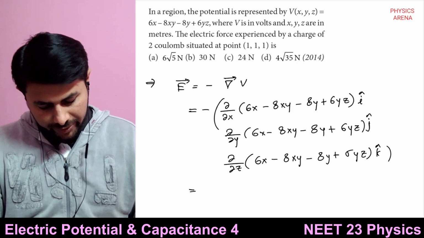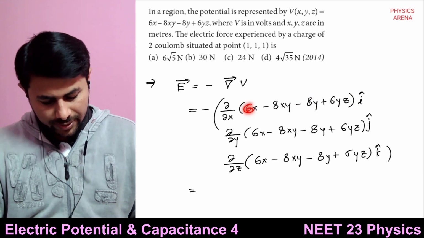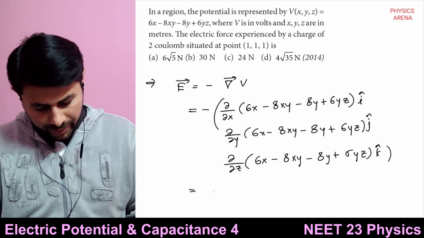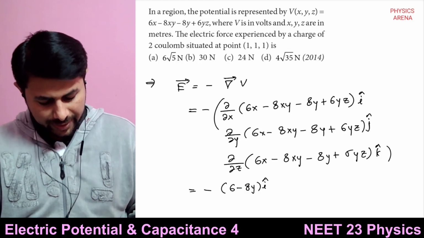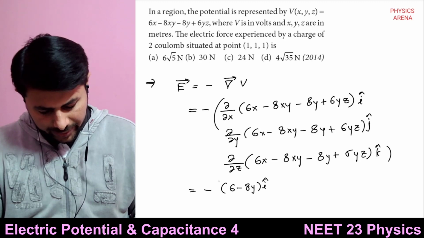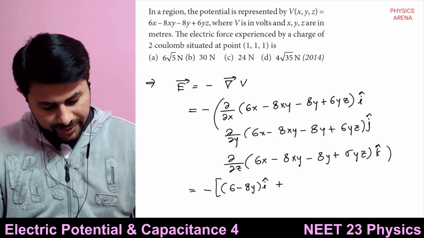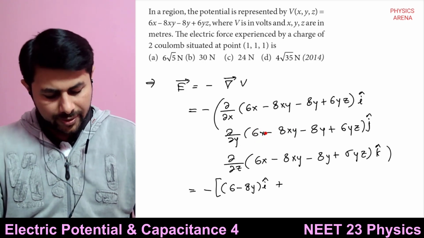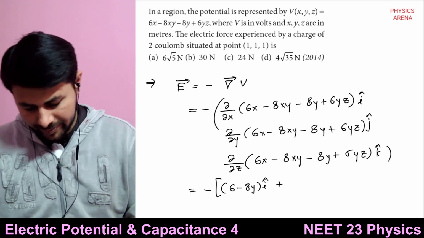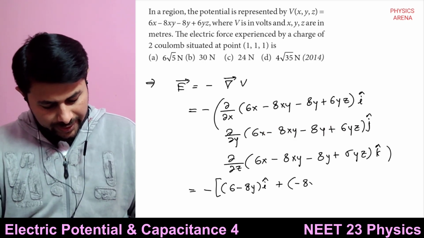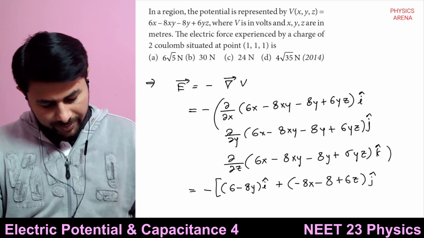So this is the derivative with respect to x. There is no x in these two terms, so it is 6 minus 8y, minus of 6 minus 8y times i cap. Plus, there is no y in this term, so it is minus 8x minus 8 plus 6z times j cap.